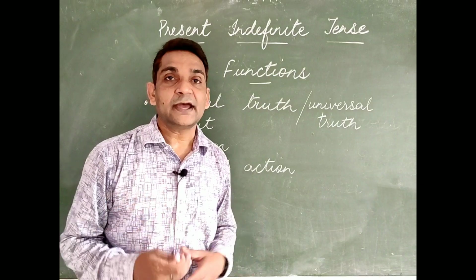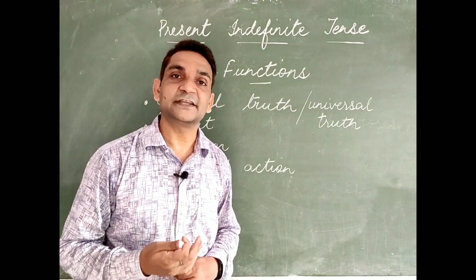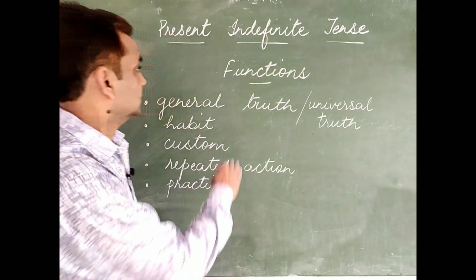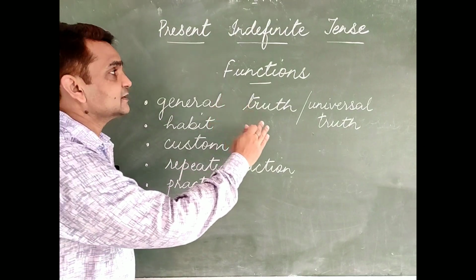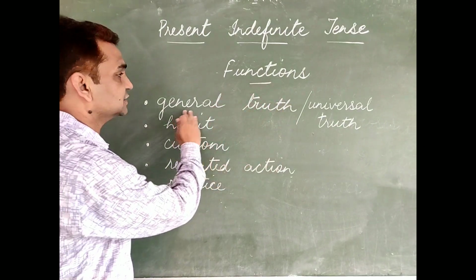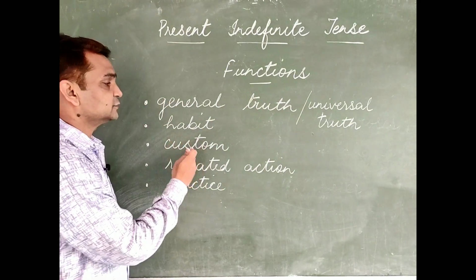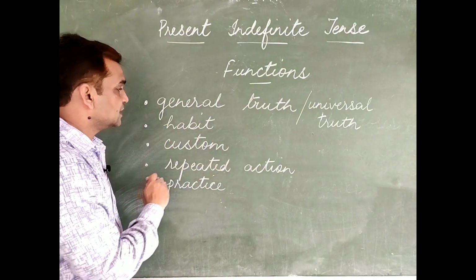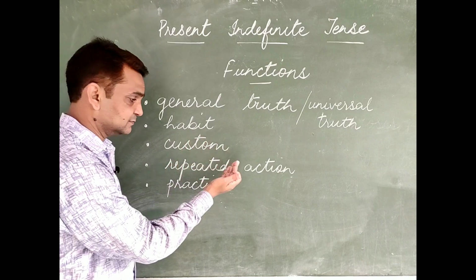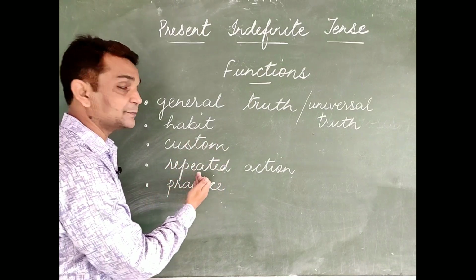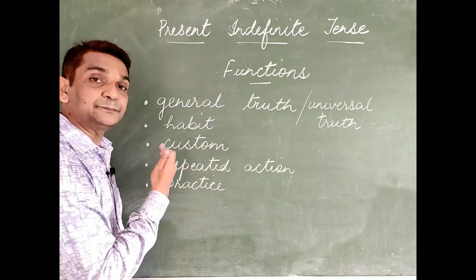Now let's look at the functions of present indefinite tense. Now present indefinite tense is used to denote general truth or universal truth. It is also used to denote habit. It is also used to denote custom. It also shows repeated action and practice.